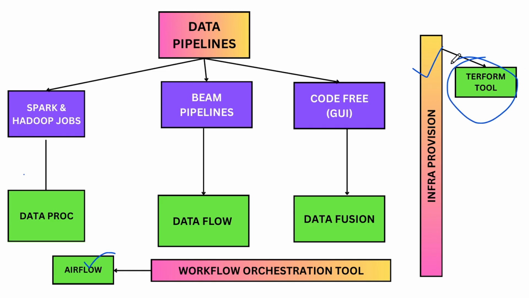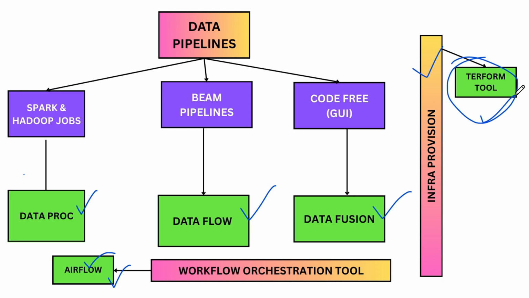By using Terraform, we can create the infrastructure also. So we have seen different tools: Dataproc, Dataflow, Data Fusion, Airflow, and Terraform, which we use for different purposes. All of these we are going to learn in the further classes.